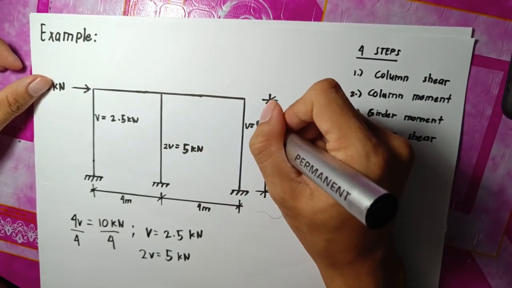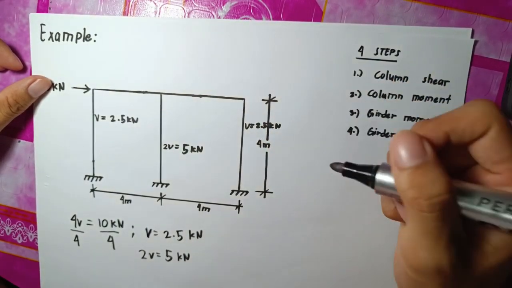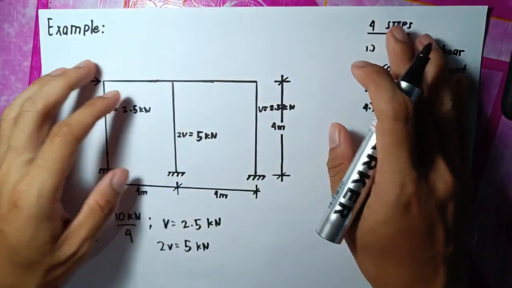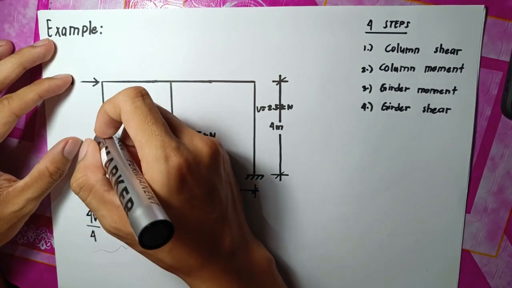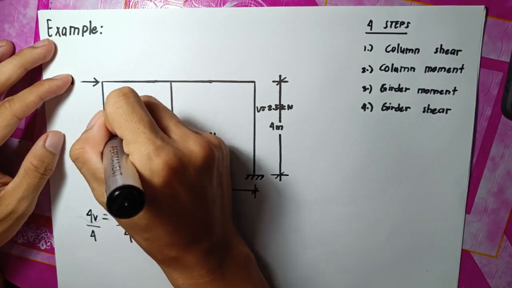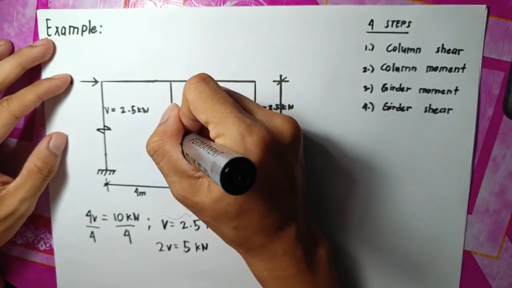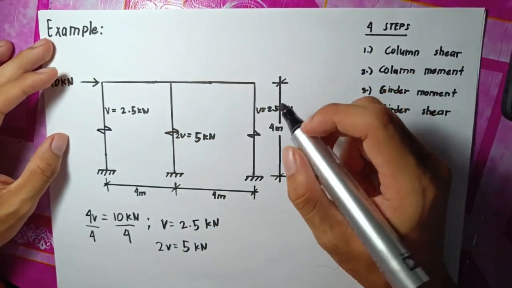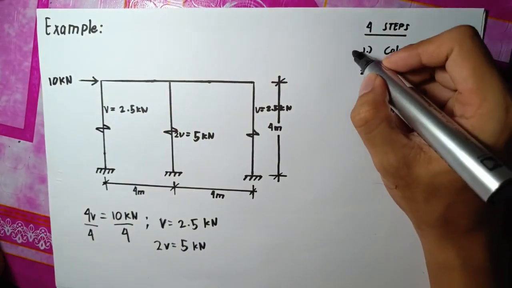The same goes here, 2.5 kilonewton. We can put the shear in the middle or in the center of each column. Here. So we're done in the column shear.